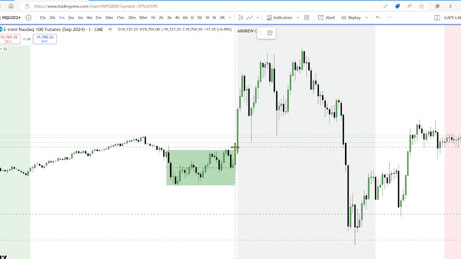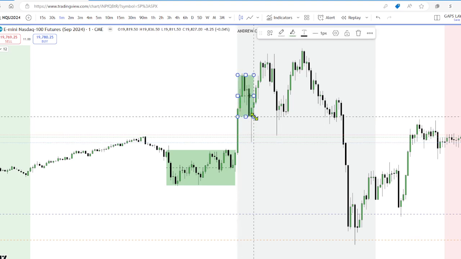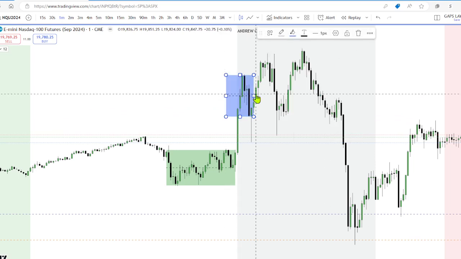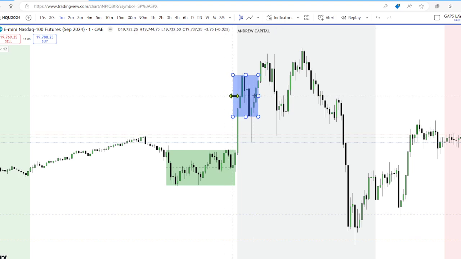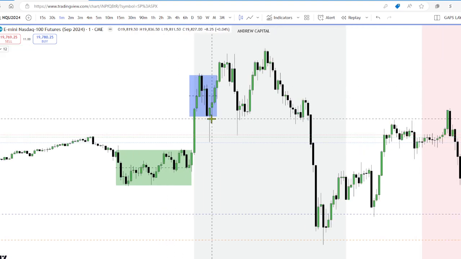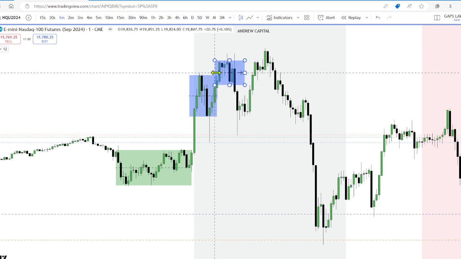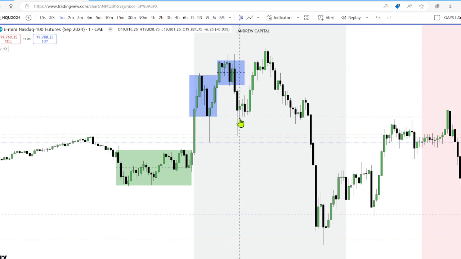Then we have our first stage of accumulation in here. Now, sometimes you can have multiple stages of accumulation, so this is kind of tricky here. We have one. We work our way up one more time near the highs here. We come back down and retest the same fair value gap from 10 a.m.